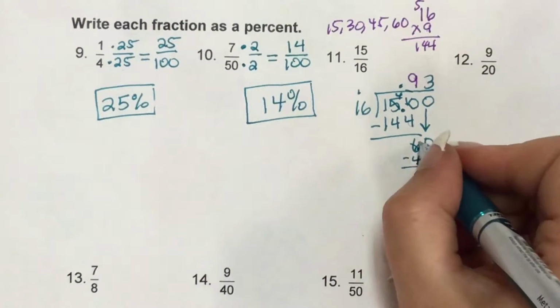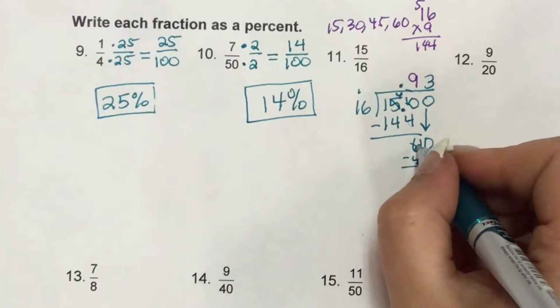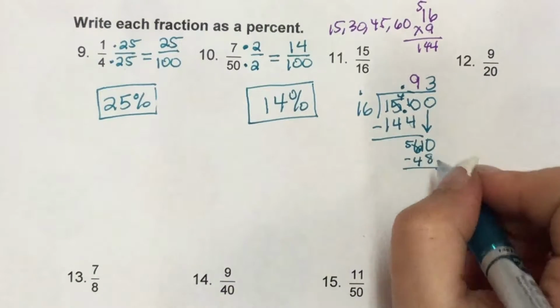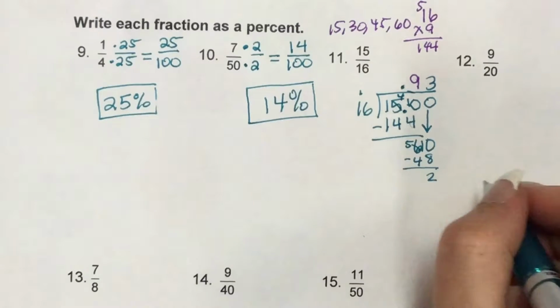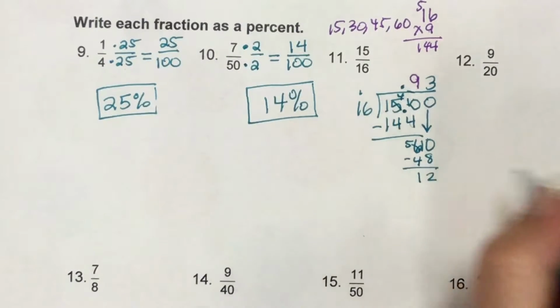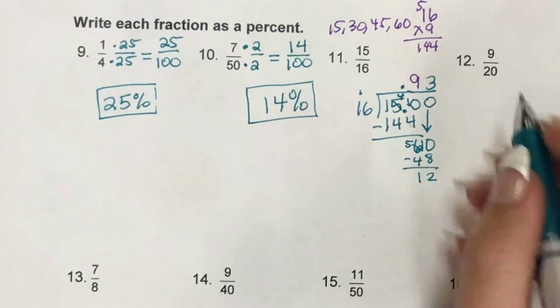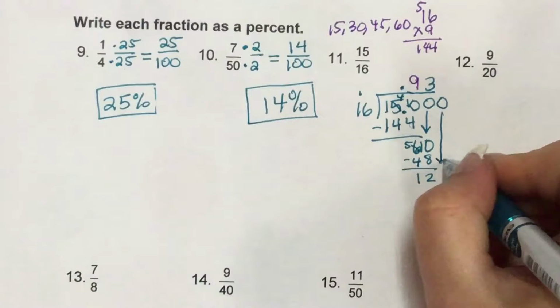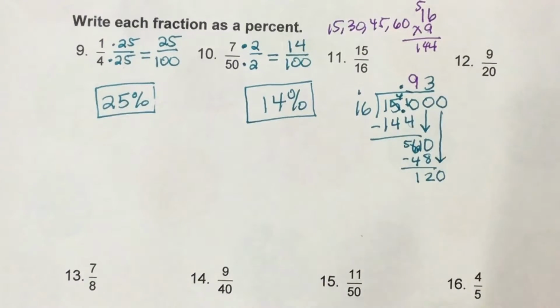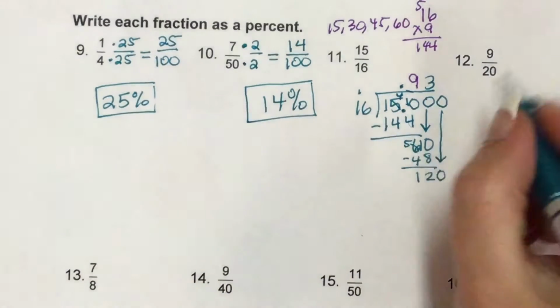Then I'm going to subtract and make this a 5. 10 take away 8 is 2. 5 take away 4 is 1. And then I'm going to add a 0 and drop it down. So now I have 120. Okay, so now I need to figure out how many times 16 goes into 120. Let's see here.